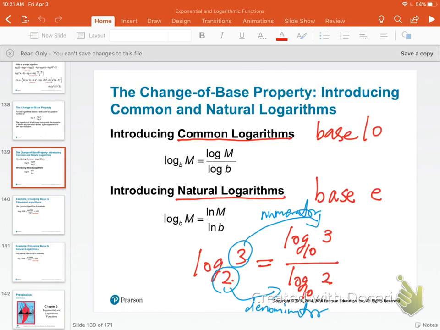So we change log base 2 of 3 to a ratio of two common logs, log 10 of 3 divided by log 10 of 2, and then you can use a calculator.